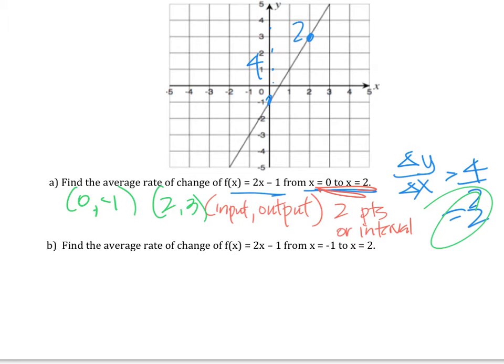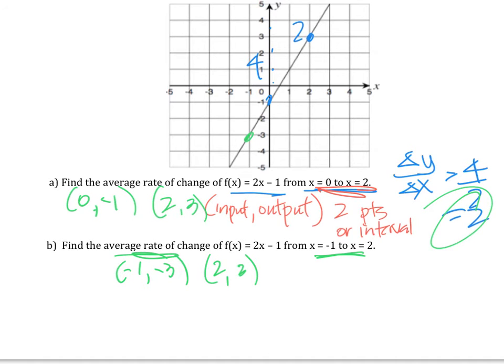Okay, so example B, find the average rate of change of the same function from -1 to 2. So in this case, we would have our coordinate points. -1 is at -3. 2, again, is at 3.